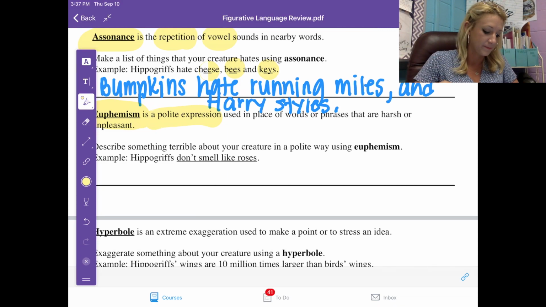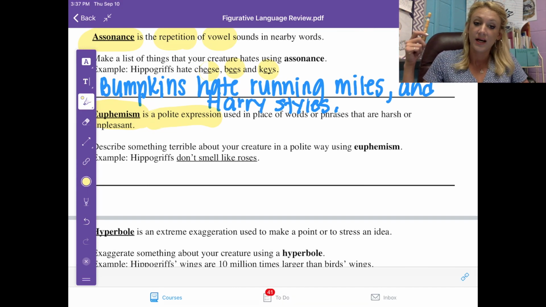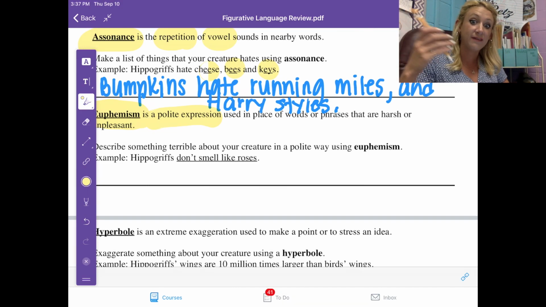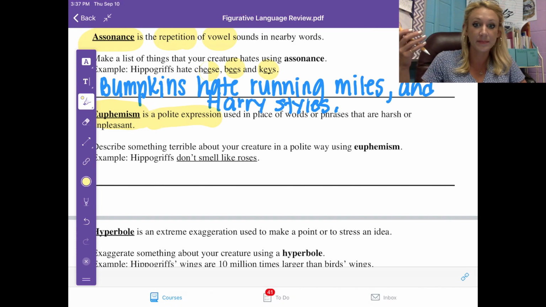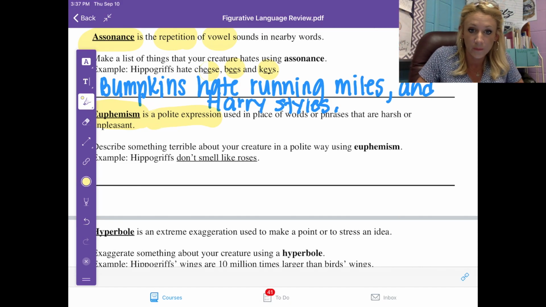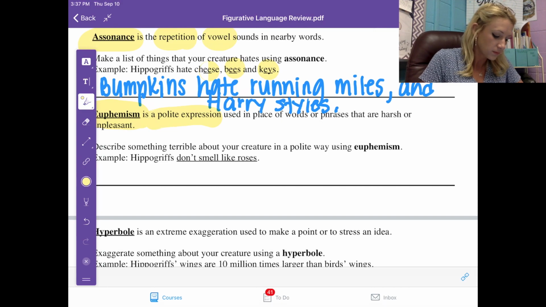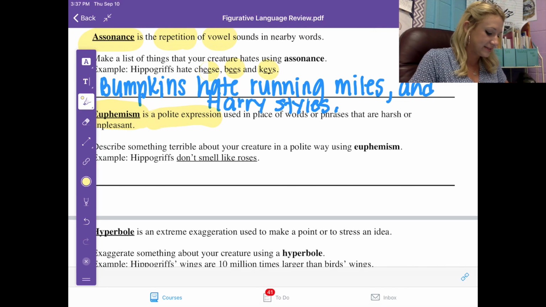So another example, just listing some, if someone is being fired, instead of having their boss come in and say, we're firing you, then someone could say it in a nicer way with a euphemism and say, we're going to have to let you go. It sounds less harsh. It's a little bit more polite when you're using a euphemism. So here I have an example.